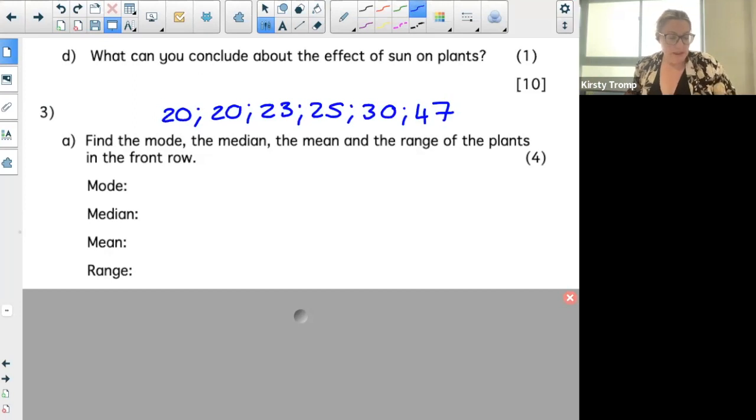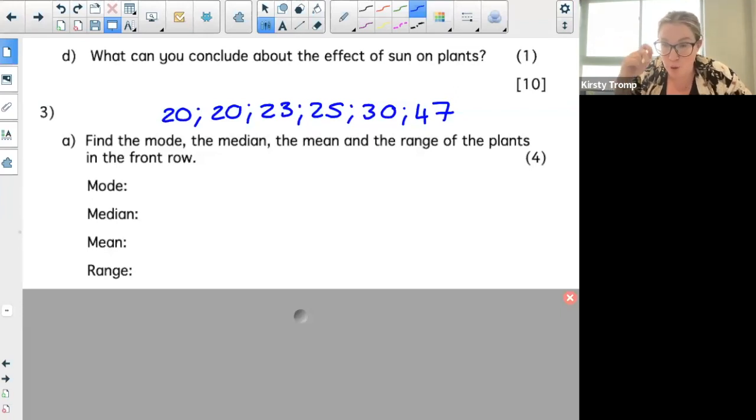Okay. The first thing that they ask us to do there is they're saying to us to find the mode. Find the mode, okay? All right, guys, if you're looking for the mode, M-O, mode, M-O means most popular.